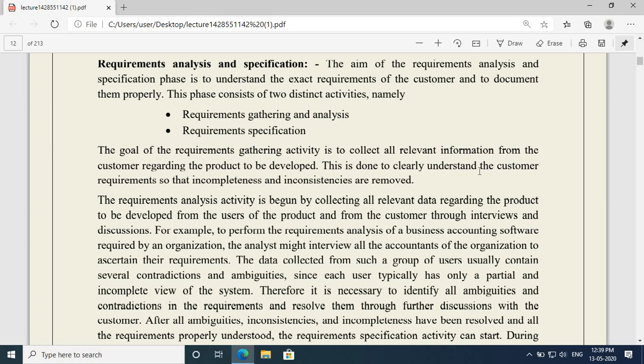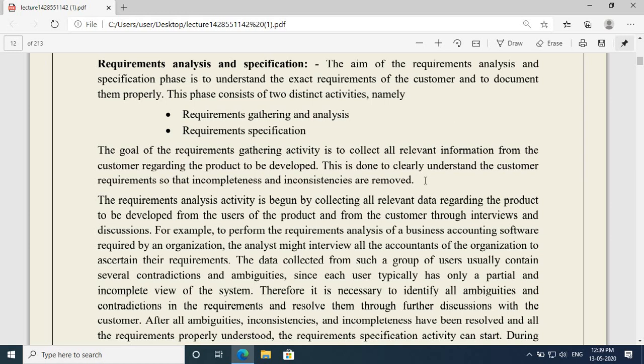What is the requirement of the customer? Whenever we develop a software, we do not develop the software as per our requirement. Always we develop the software according to the customer requirement, so that the customer can be satisfied whenever they use our software.